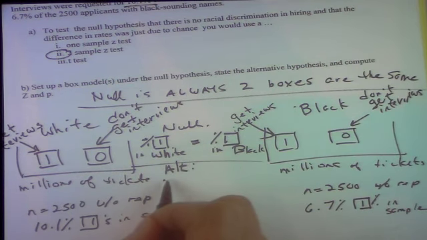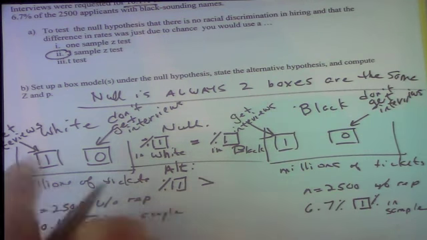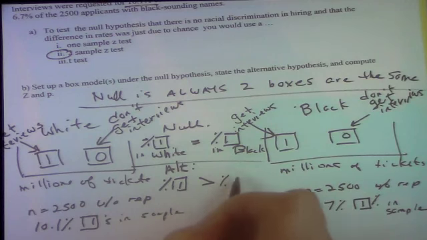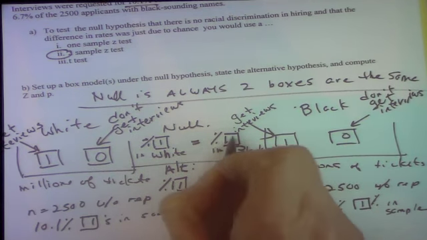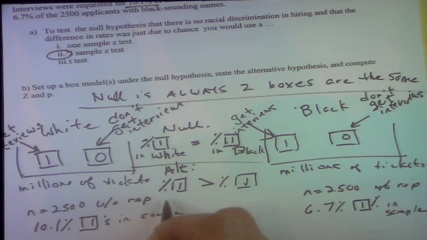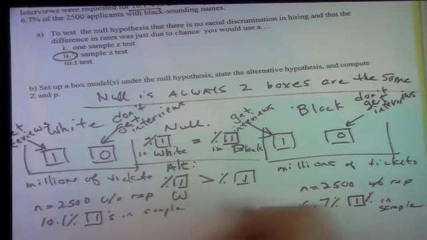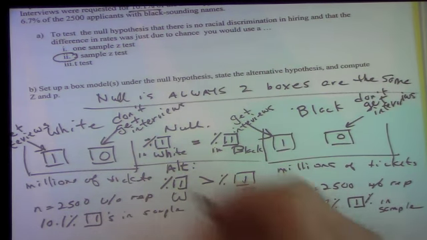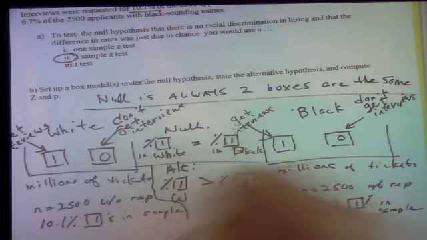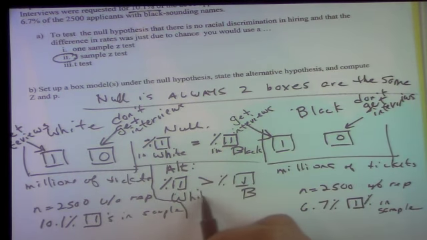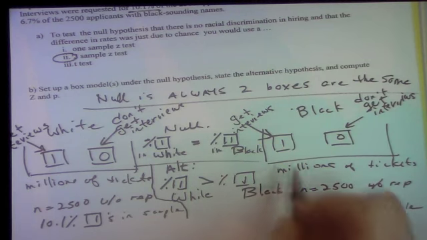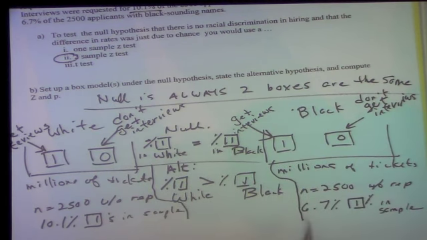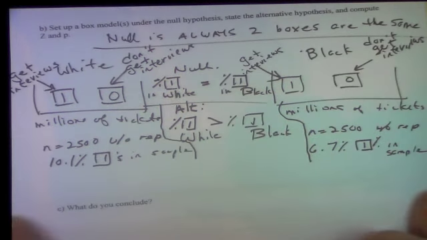So it says in the real population, the percent of ones is greater here than the percent of ones here in the white box. That's what the alternative says. Can you see this? I'm sorry, it's kind of messy. Okay, that's the setup. Everybody understand it?